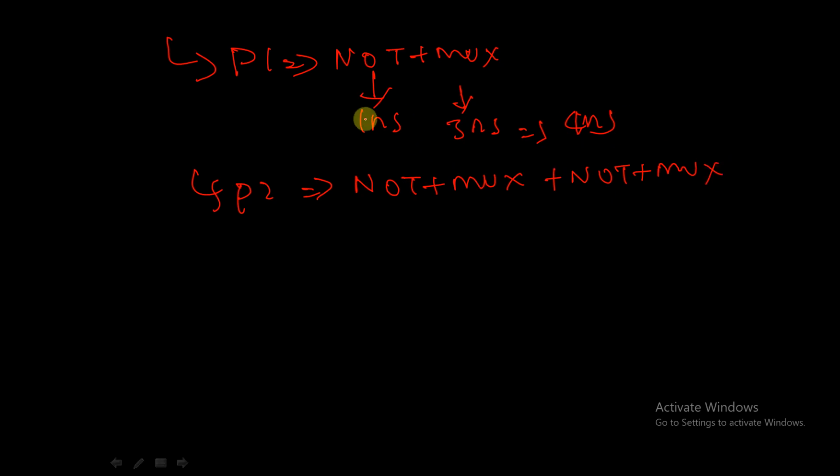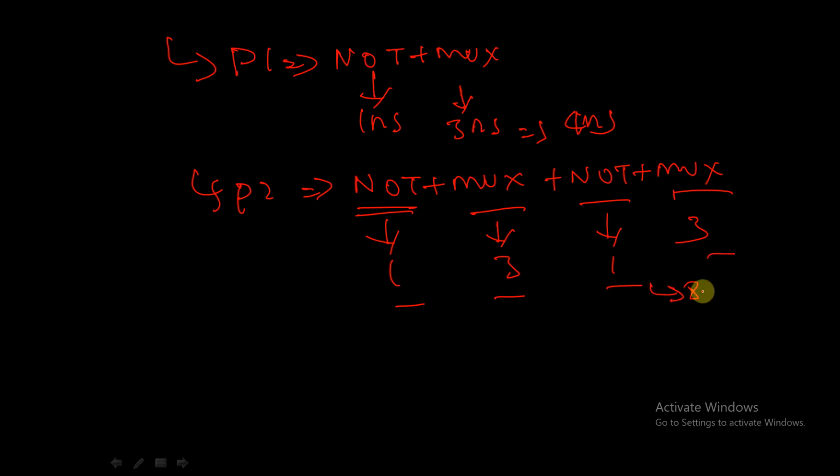Previously, I took the wrong gate delay. Sorry, this is OR. This is 4, 4. Okay, 4 plus 3 is 7, plus 4 is 11, plus 3 is 14.